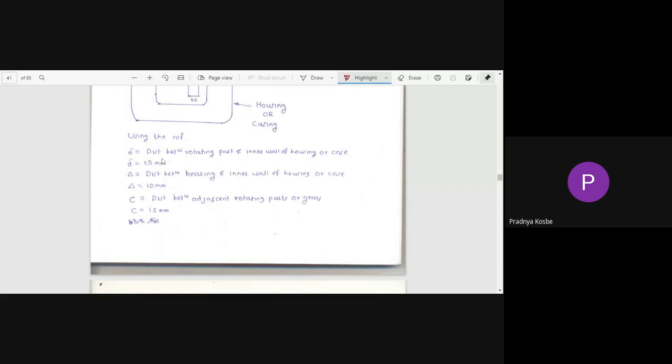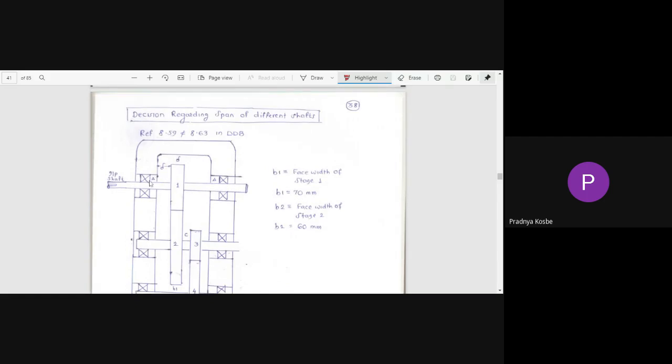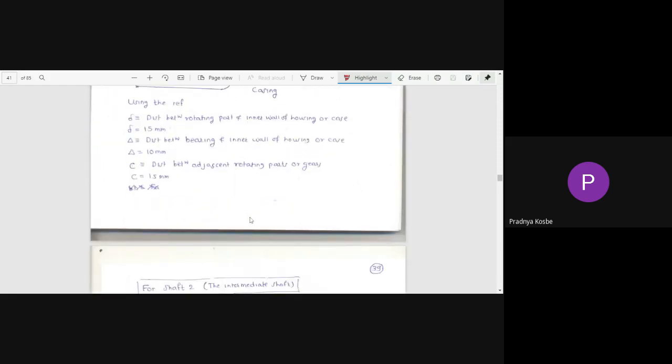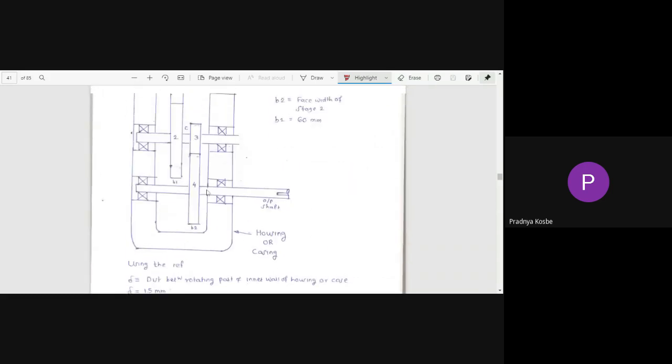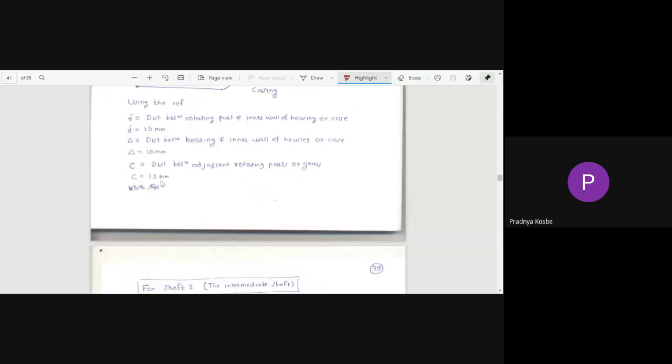Using the reference, del is equal to the distance between the rotating part and the inner wall of a housing or casing. Del is equal to 15 mm. Then delta, the distance between the bearing and the inner wall of a housing, this delta is equal to 10 mm. And C is the distance between adjacent rotating parts, this distance between these two gears, is equal to 15 mm.